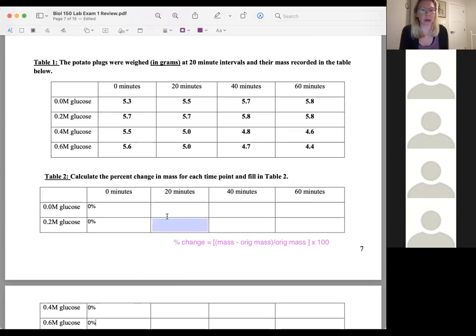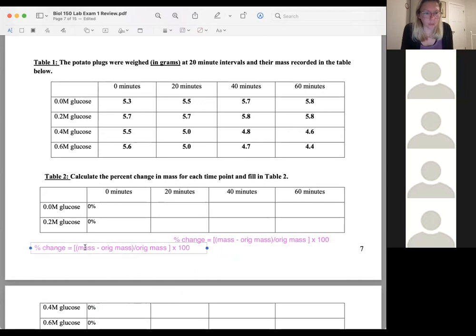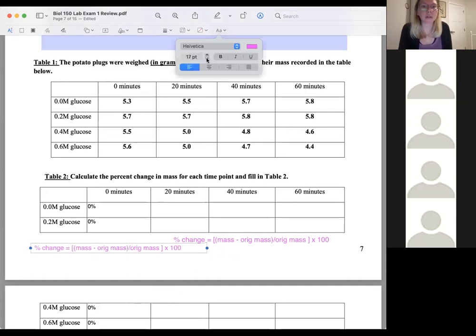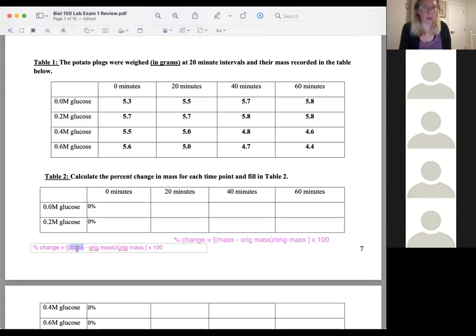So let's do at least the 20-minute column to make sure we know how to use this formula. I'm going to change the size of this text. There we go. So at the 20-minute time point, we're looking at 5.5 minus the original mass.